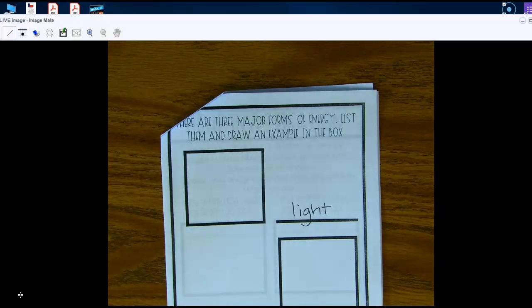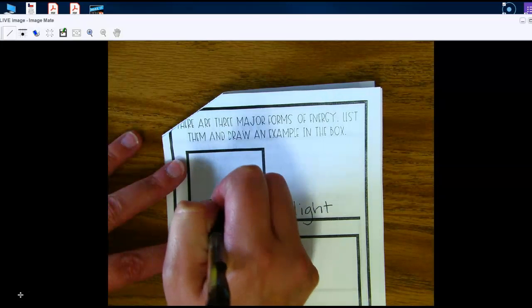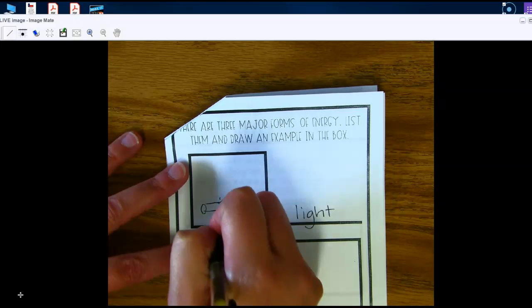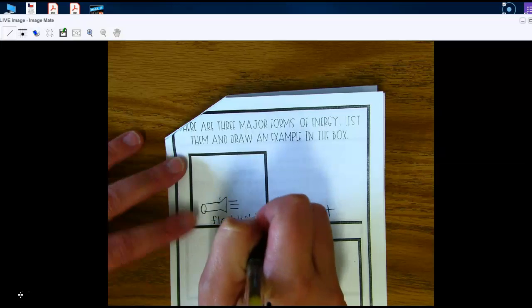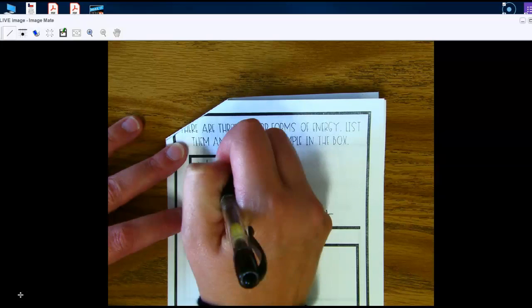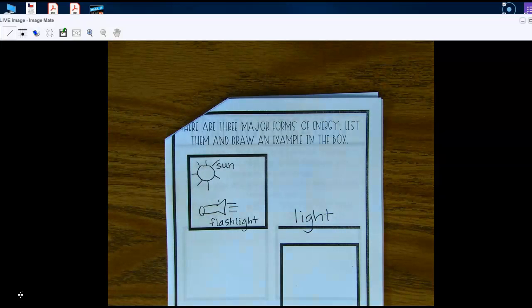So if you want to do a flashlight, you could draw a flashlight with the light coming out, and you can write flashlight. Or if you wanted to draw the sun, and you could do sun, or you could draw a lamp, or you could draw a candle, or a light bulb.